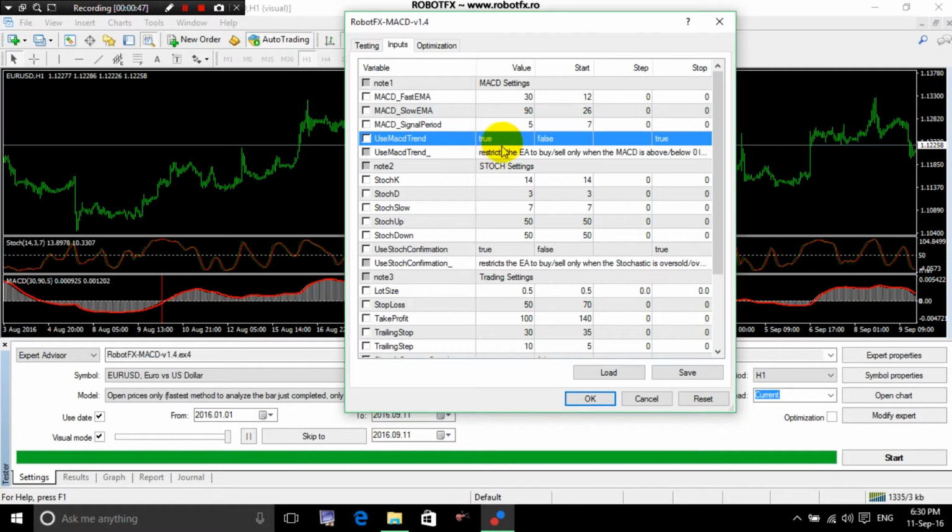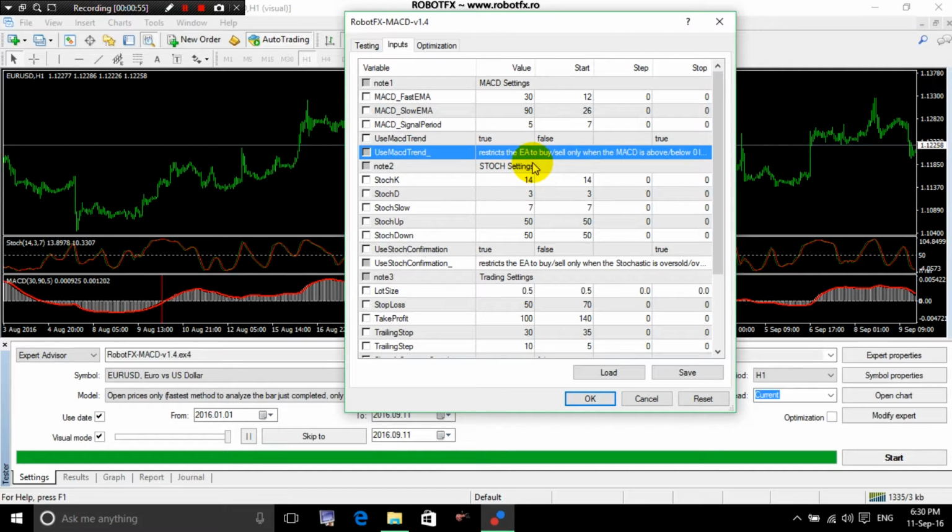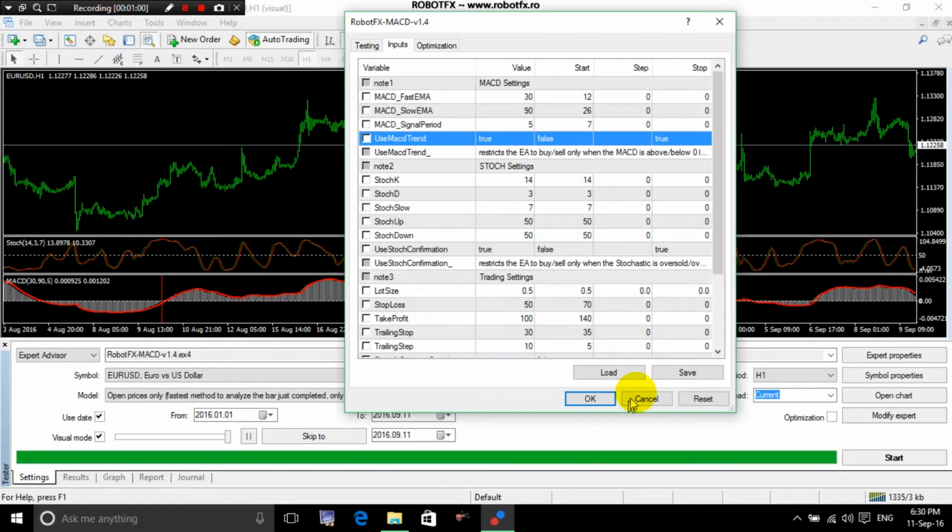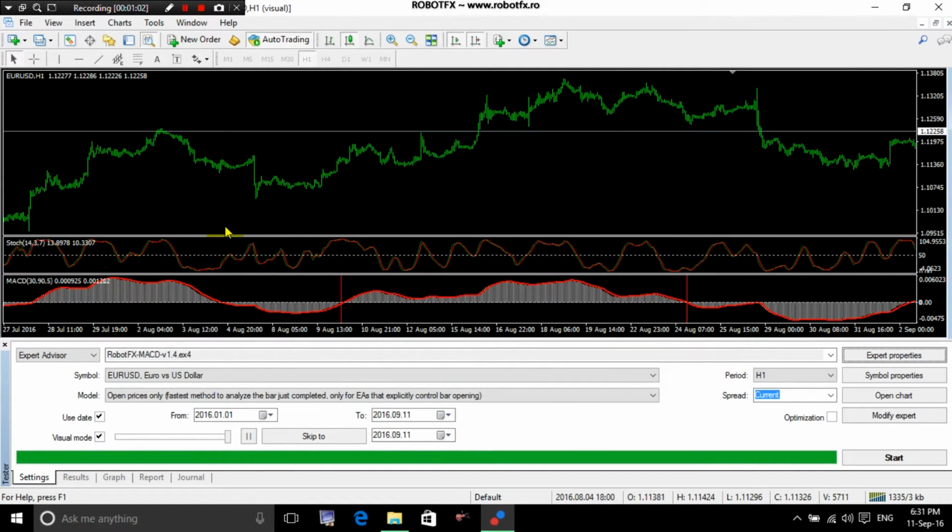You have the option to set the use MACD trend, to use the MACD indicator also as a trend confirmation detector. And when you set this to true, that means the Expert Advisor will consider buying only if the MACD is above the zero line, as it happens from here until here.